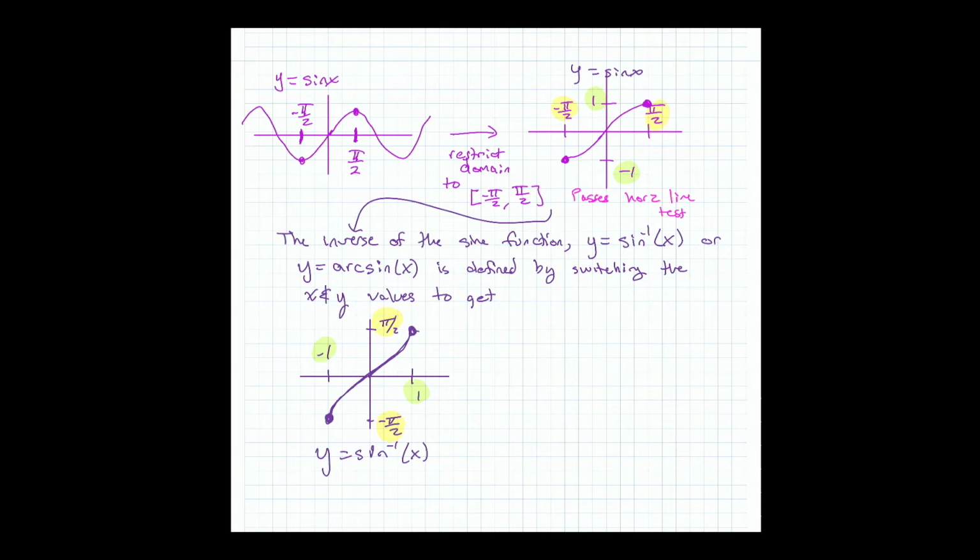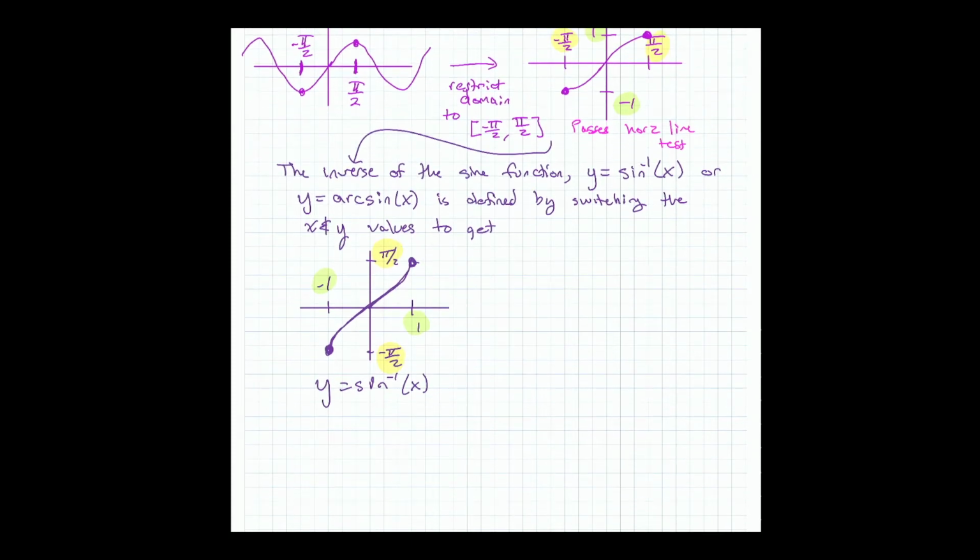So the shape is kind of reversed. It's kind of a weird mirror version of it, okay? There you go. So that's how you do it. And that can be done for each of the 6 trig functions. I'm not going to draw them all here. I'm just going to say that you could do it.